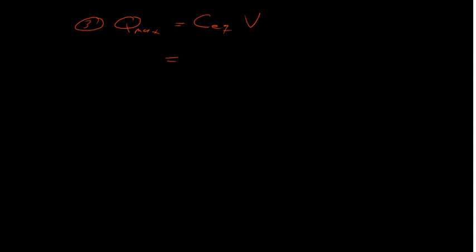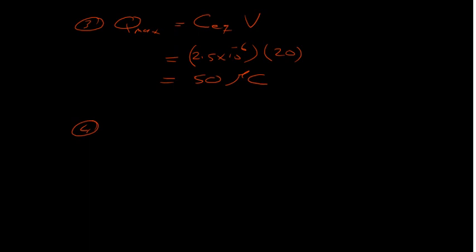So we have 2.5 times 10 to the power minus 6, and the voltage across the battery was 20. That will give us 50 microcoulomb. The total charge will be stored in the C equivalent in this circuit.